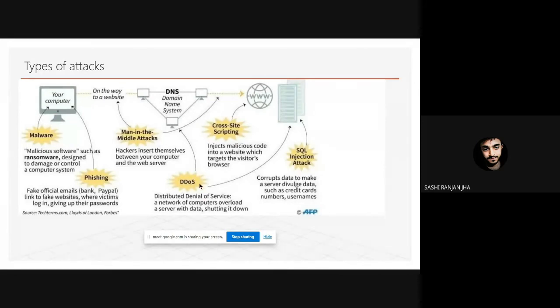Next is the distributed denial of service attack, where a network of computers overloads a server with data, shutting it down. This happens in corporate environments, where hackers want to disable the services for the users for a certain time.